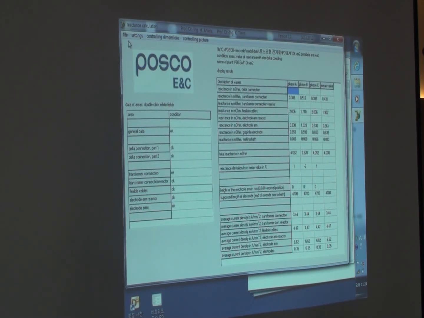This is only for the data connection. In each phase, the currents, the powers, and I showed it before, it's an old manual.